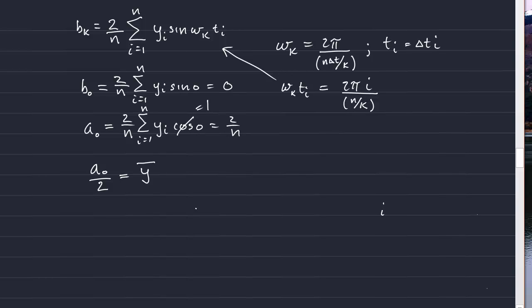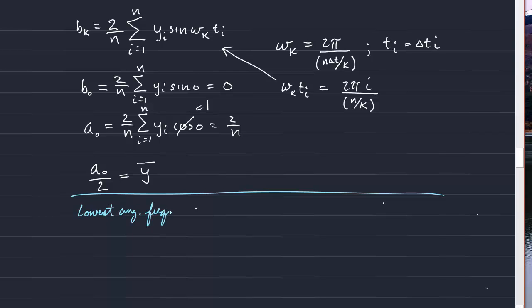And again, to remind you that the lowest angular frequency corresponds to the fundamental frequency, that's omega 1, and that's equal to 2 pi over n delta t, the length of the whole record, where T is the fundamental period.